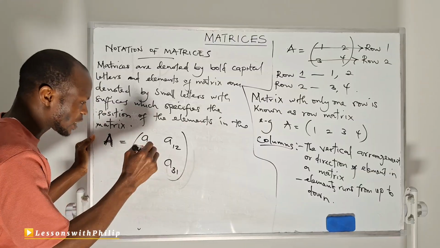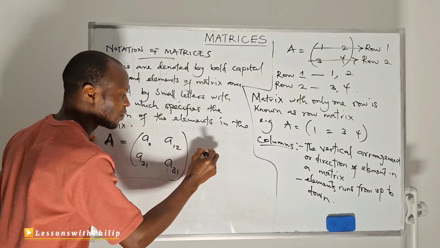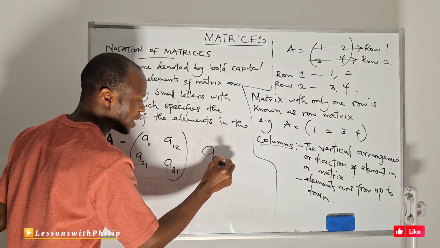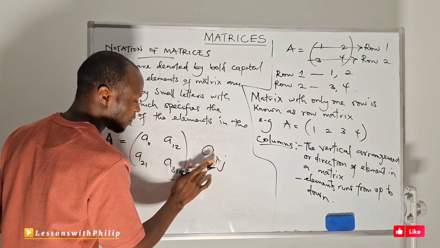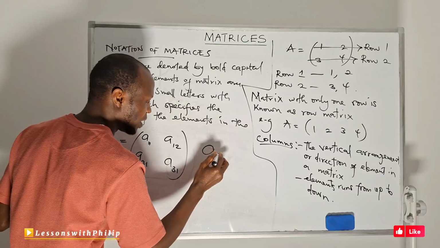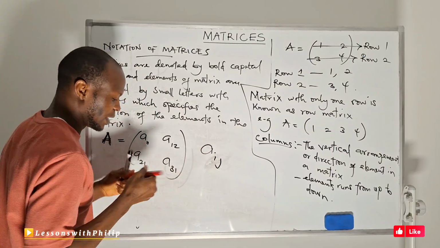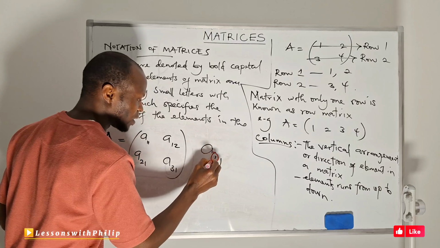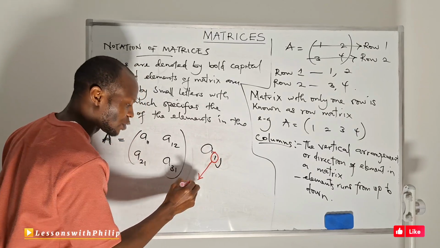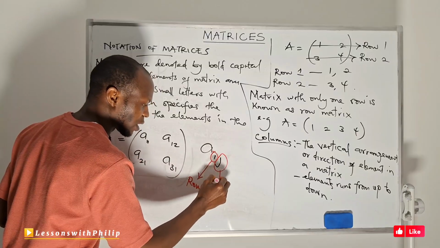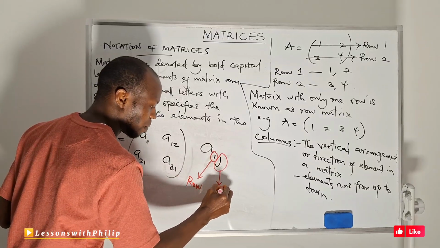Now, when I have A, i, j, the suffixes are i and j. The first suffix is telling me about the rows, and the second suffix is talking about the column.